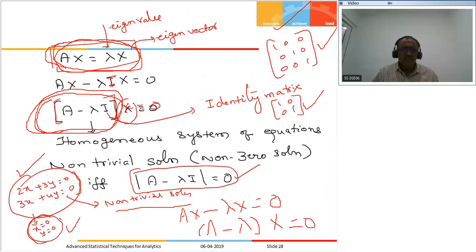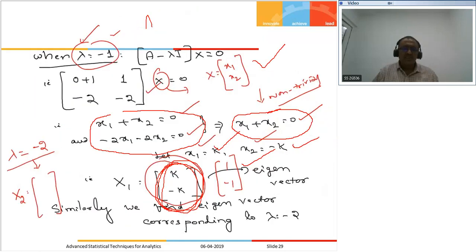Same we use here. Lambda equal to minus 1, therefore it becomes 0 plus 1, and our aim is finding the x value. What is x?